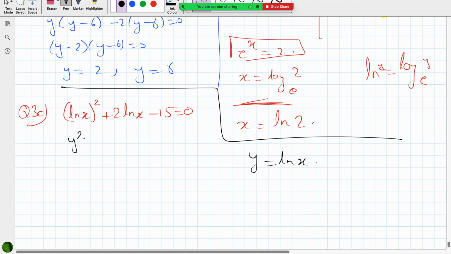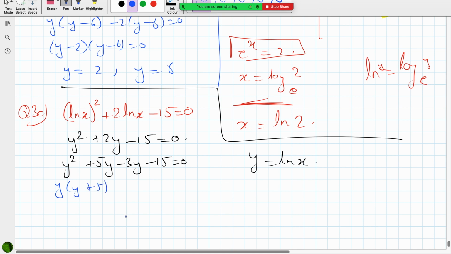So I can write y square plus 2y minus 15 is equal to 0. Going for middle term breaking, y square plus 5y minus 3y minus 15 is equal to 0.